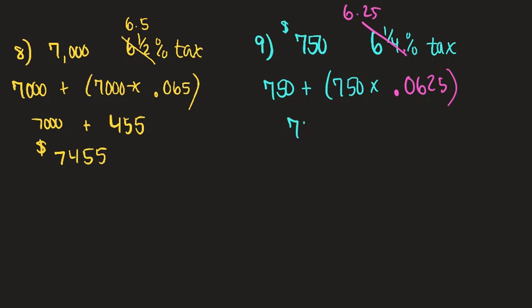I'm going to write 750 plus $46.88, because it was 46.875. The 5 neighbor is enough to round it up to 88 cents. Plus $750 is $796.88.